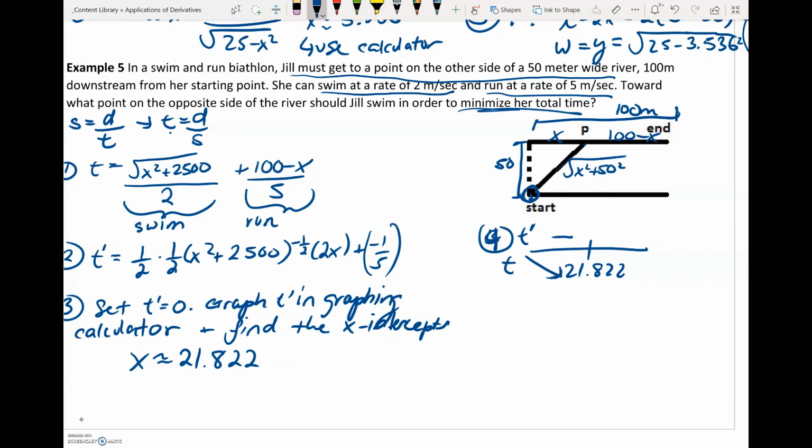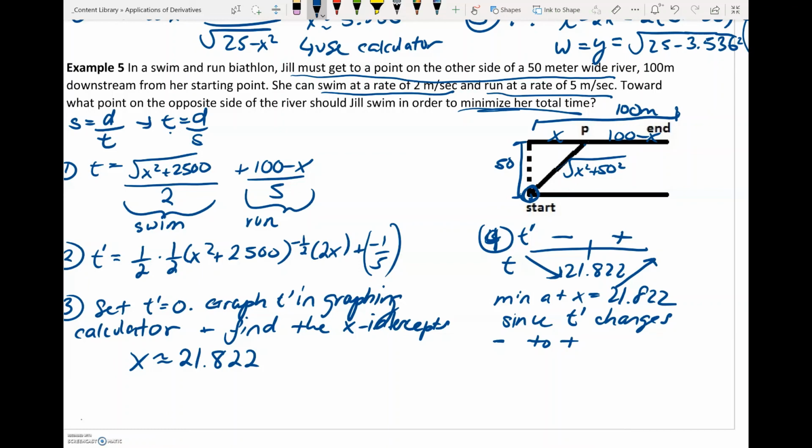And then on the other side, you can pick a number, say 30, plug it into t prime. You should get a positive number. Again, remember to use your calculator for something like that. So this will confirm that we have a minimum at x equals 21.822, and that's because t prime changes from negative to positive here.